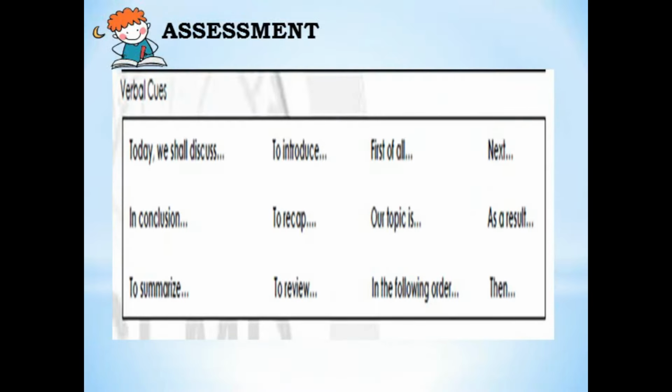These are the verbal cues to be used in writing dialogue. Today, we shall discuss, in conclusion, to summarize, to introduce, to recap, to review, first of all, our topic is in the following order, next, as a result, then.